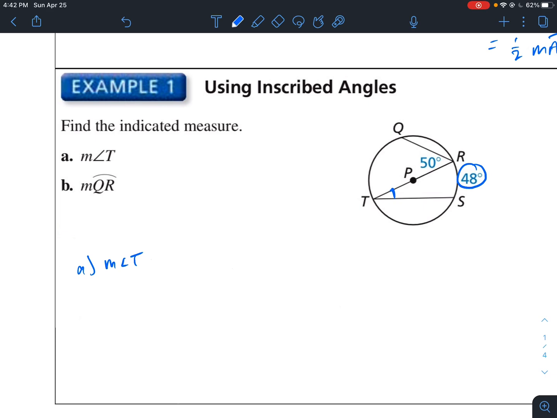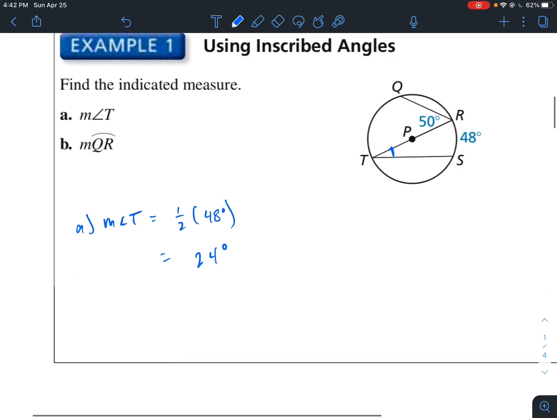And we know that this angle right here is half of this arc right there. So measure of angle T has to be 1/2 of arc RS, which is 48 degrees, so it has to be equal to 24 degrees. So that's measure of T.